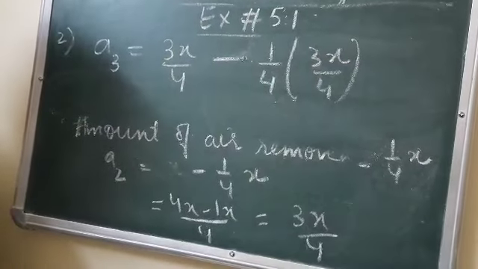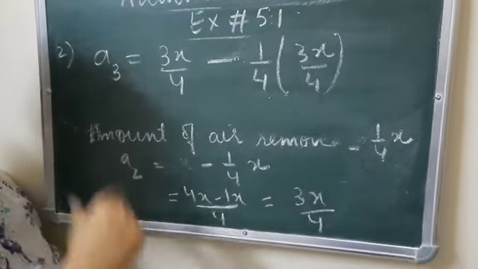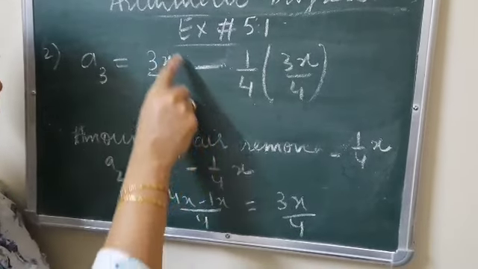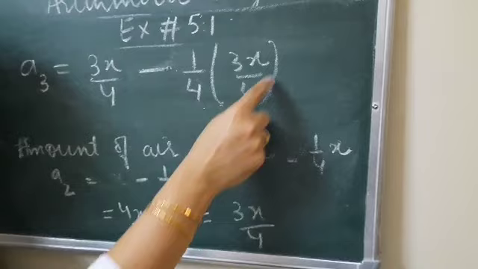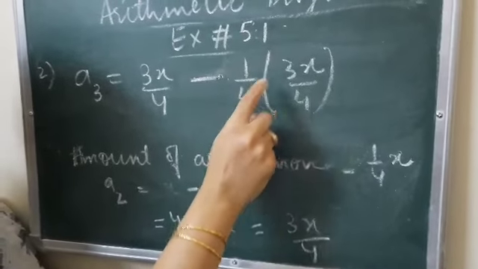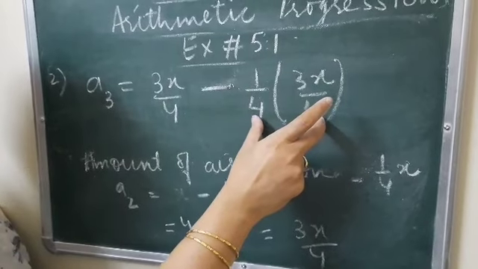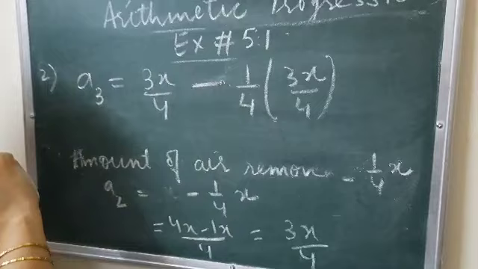At every step, the vacuum pump is removing 1/4 of the air present in the cylinder at that time. Now the cylinder has 3x/4, and it removes 1/4 of it, so 1/4 of 3x/4 is to be removed, and we subtract it from the gas present in the cylinder at that time.